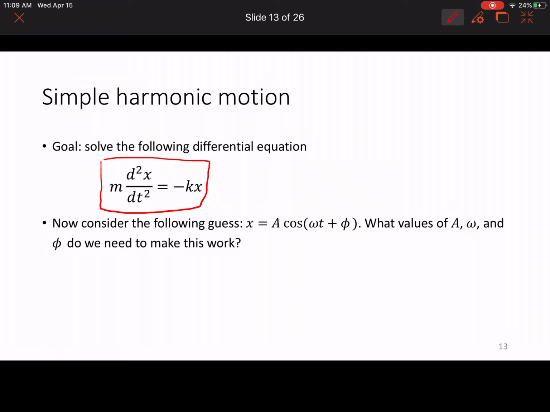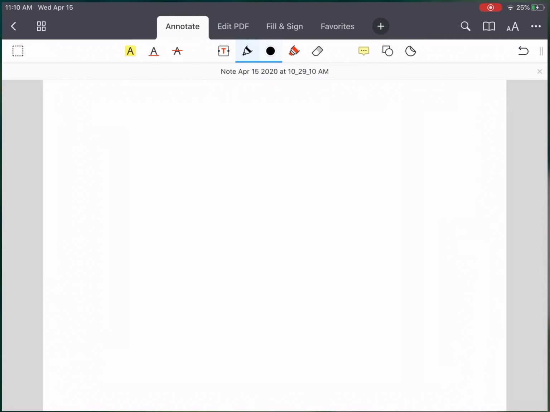You'd think it would be very, very clever. It's absolutely not. You don't do anything clever. What you do is you guess an answer and you check that it works. So we're going to guess an answer: x is equal to a cosine of omega t plus phi, and check to see that this works. Sounds silly, but that is in fact how this is usually done in the first place.